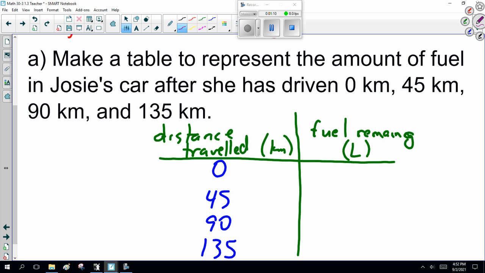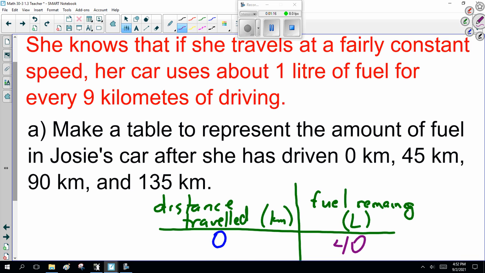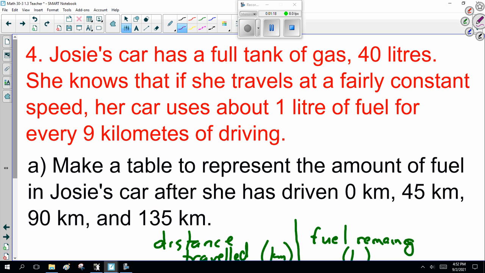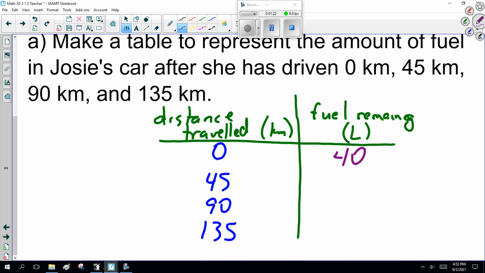So, she starts with 40 liters, said so in the question. Yes, starts with 40 liters. So she drives 9 kilometers, she loses a liter. She drives 18 kilometers, she loses 2.